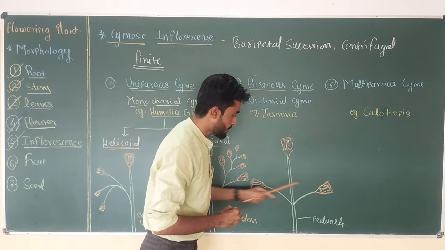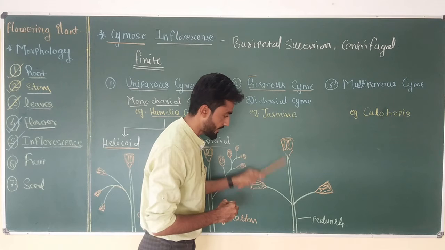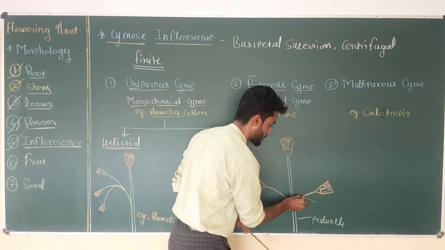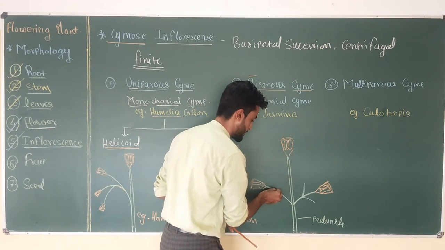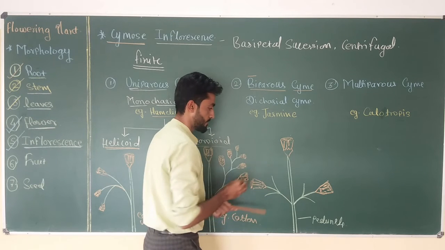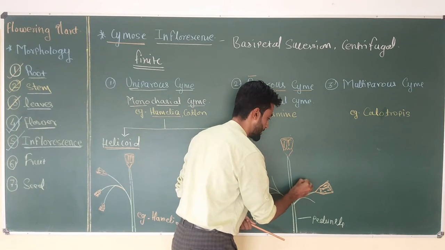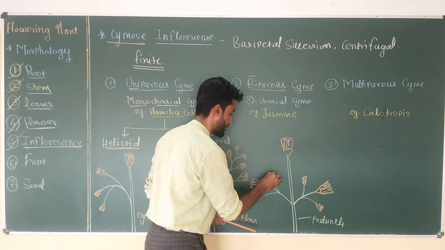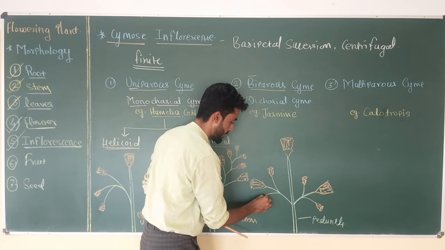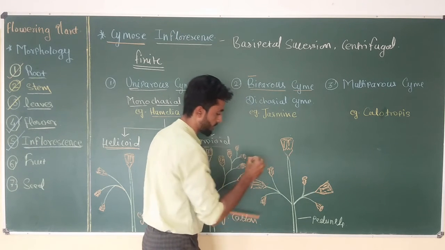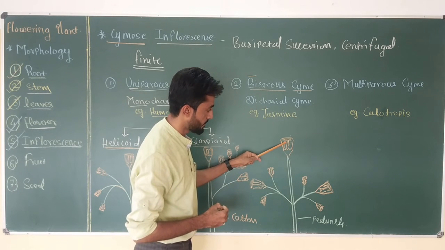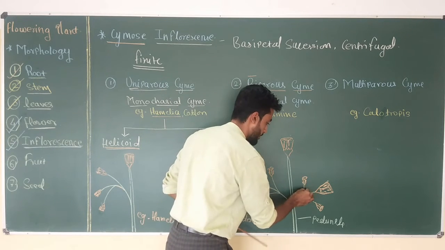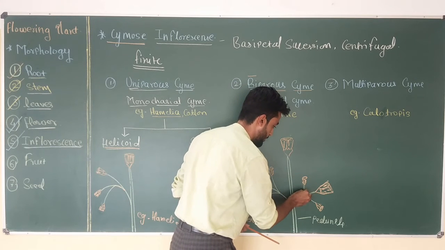Now every branch which is a primary branch of the main axis also produces secondary branches, but in pair manner. So that means two branches also produce on the primary axis simultaneously, and these two branches also have flower at the tip. Remember that primary, secondary and tertiary branches will have younger flower or small size flower when we compare with the previous flowers. Now these secondary branches also produce tertiary branches in couple.